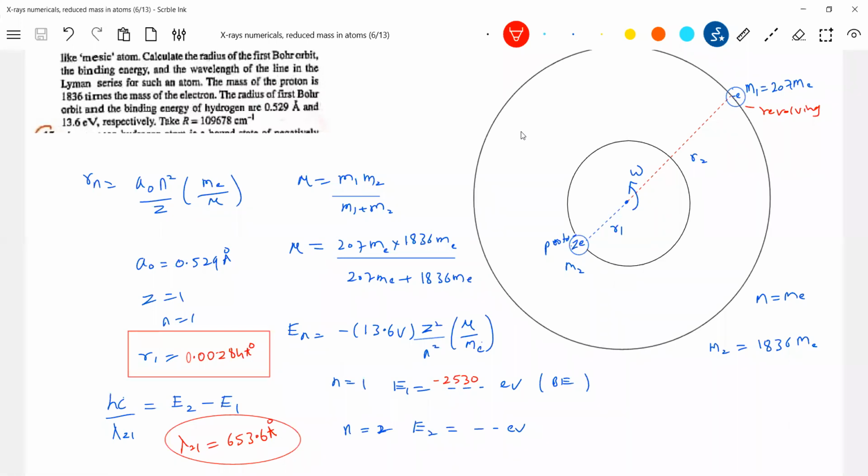Then what to do if the charge of the revolving particle is say 2 times or 3 times that of an electron? For the atom to be neutral, the nucleus will have 3 protons. Then proportionally you should write Z equal to 3. Then carry on the problem. But no such thing exists. I'm just saying in an exam, hypothetically, they may make it and you can put that in. If the charge of the revolving particle is 3 times the charge of electron, then similarly there should be 3 protons. Then Z equal to 3, you substitute, then carry on the problem. They say hypothetical, but no such thing exists.